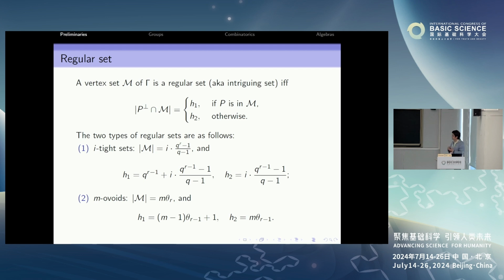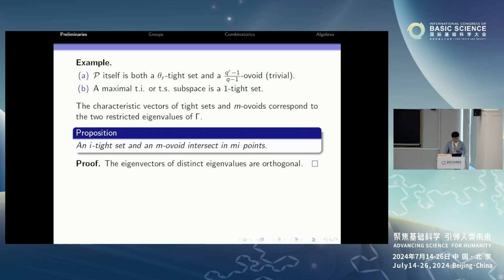The reason is that this geometric property, which is about intersection sizes, translates to eigenvectors of the adjacency matrix of the collinearity graph gamma.